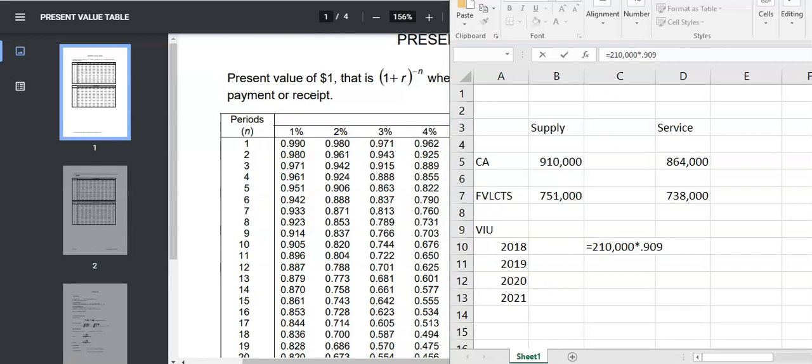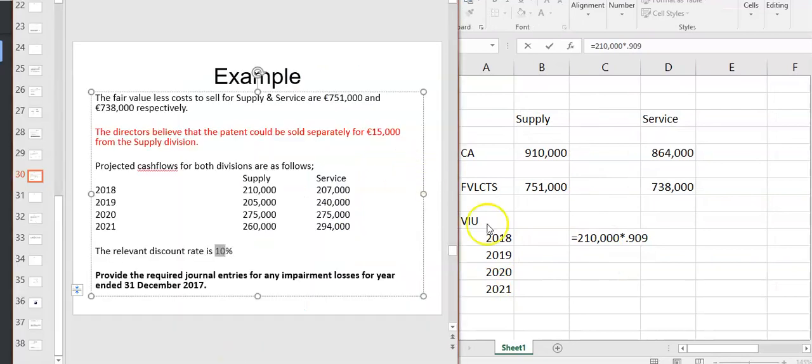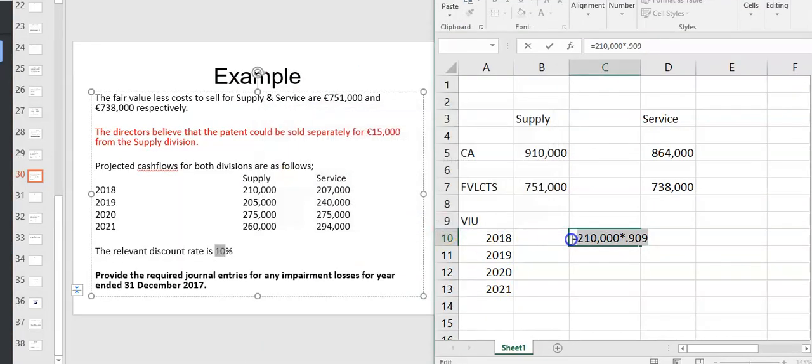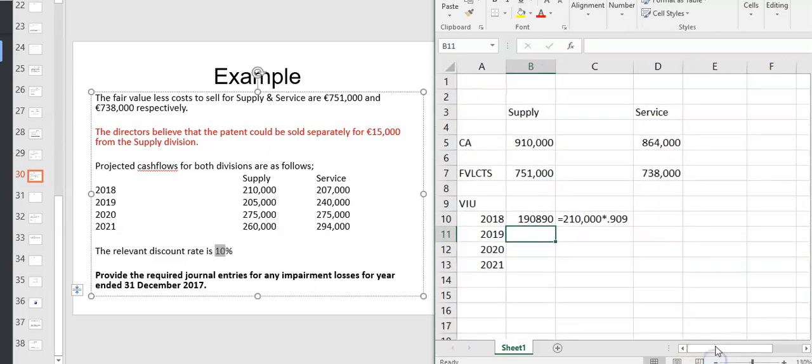Bear with me here. I'll bring this up as well. So that shows the formula, and that means the present value is 210,000 times 0.909, so about 190,000, there or thereabouts.